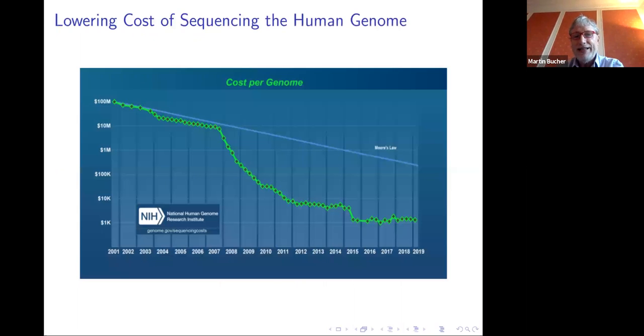And here you see a sort of Moore's law plot, except it goes the other way. What is the cost of sequencing a single human genome? You can see that in the middle of the Human Genome Project, we're talking about $100 million.